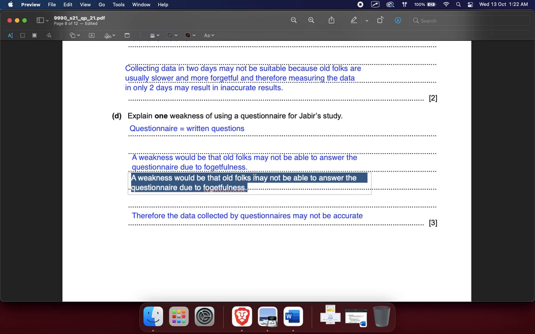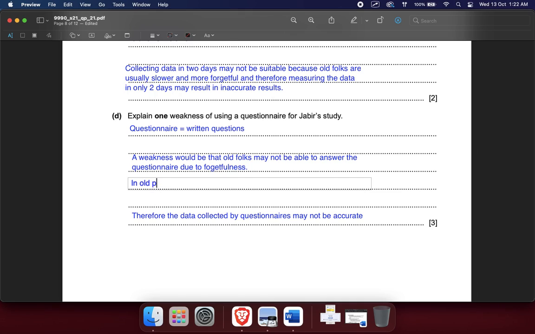Okay, I'll phrase this: in old age, people often have memory loss and thus may not be able to recall all their friendships in life.